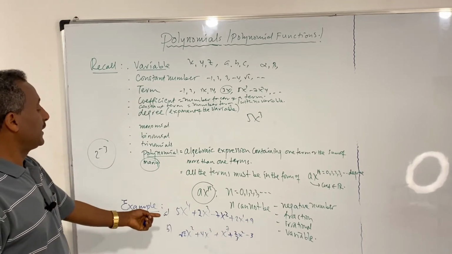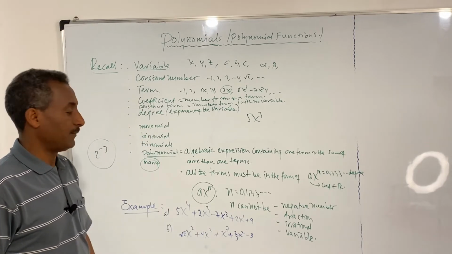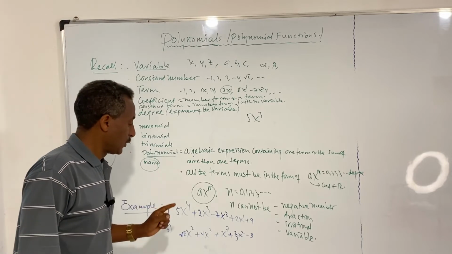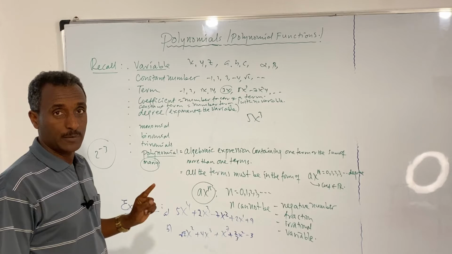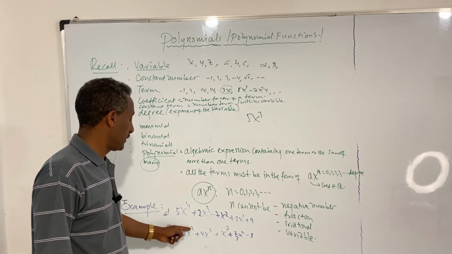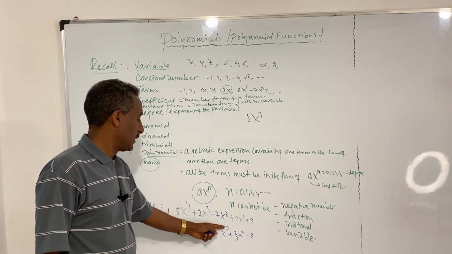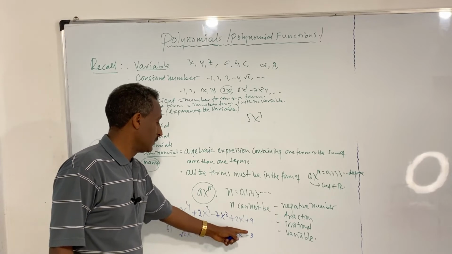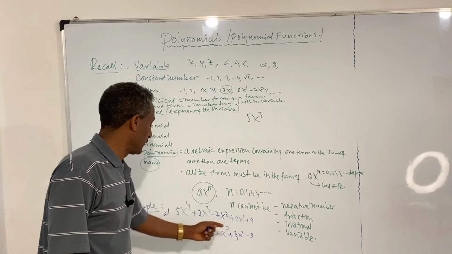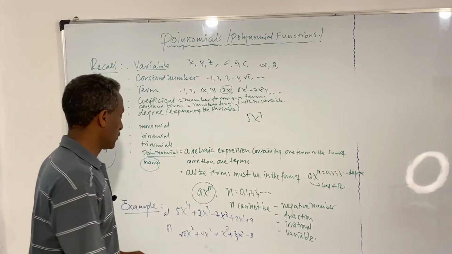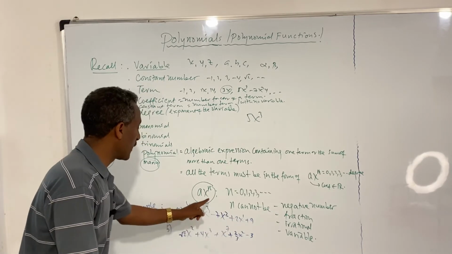So let us see if this one is a polynomial. To make sure that it is a polynomial, we have to make sure that all the degrees are counting numbers or whole numbers. X squared, x cubed, the power of 7, the power of 2 is a constant number. So there is no negative here, there is no fraction, there is no variable in the exponent. So all the terms satisfy this condition.